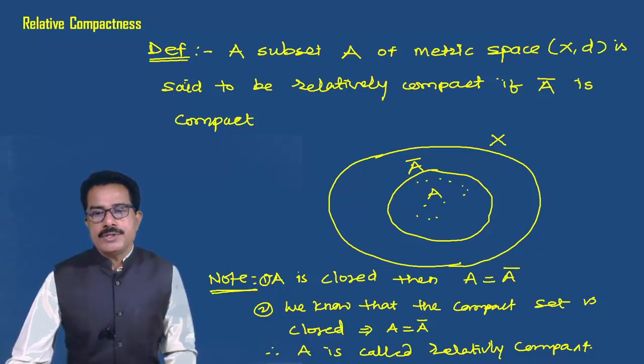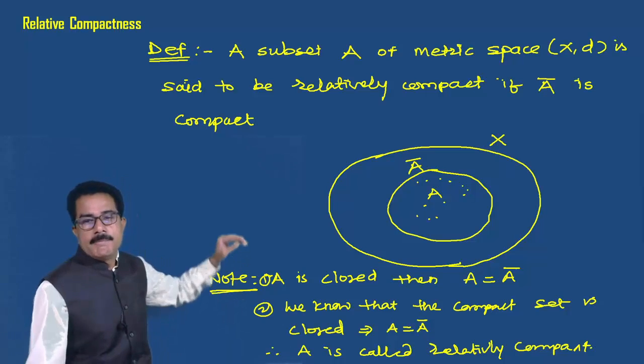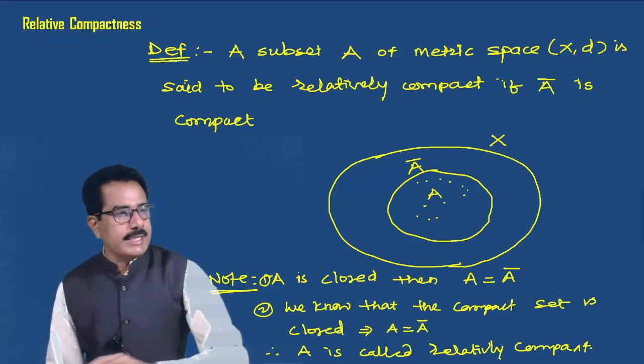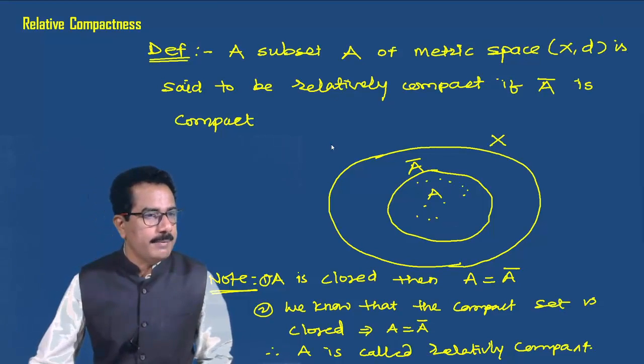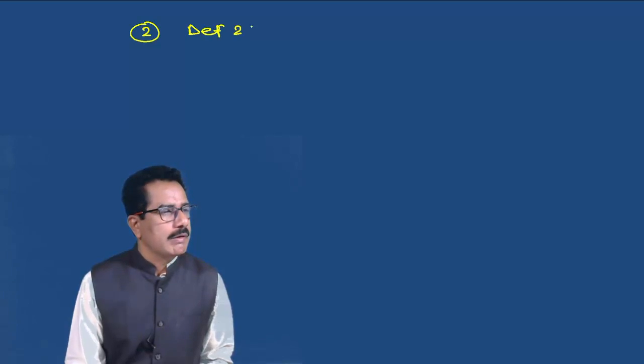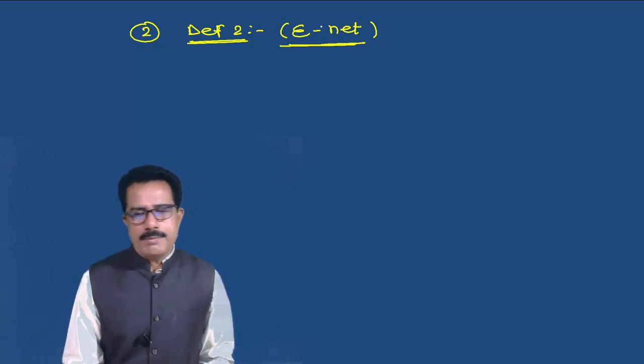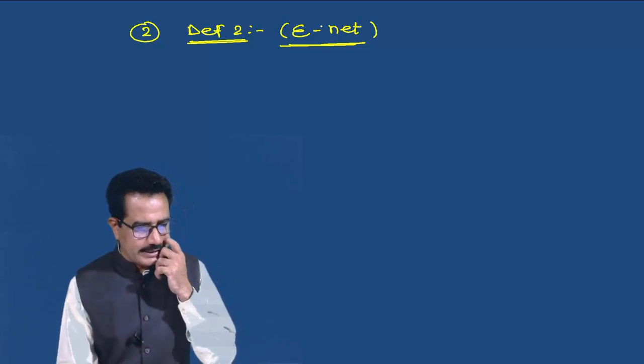Okay. Now we shall discuss the second definition, that is epsilon net. Second definition, epsilon net. What is meant by epsilon net? We shall discuss this.